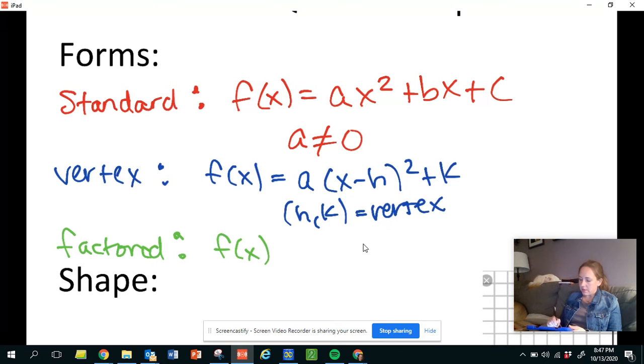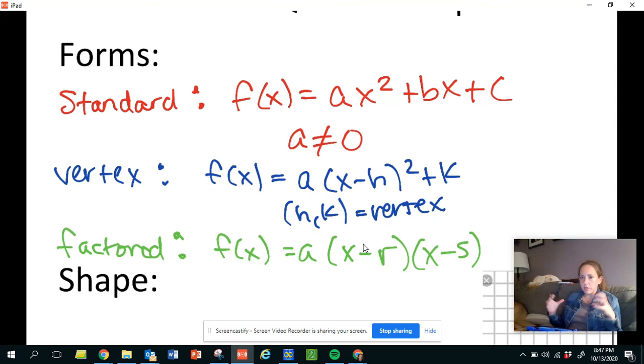So that is when you're going to have f of x equals a times x minus r, pick two letters, let's do r and s, and x minus s. So if I multiplied those factors out, I would have a quadratic, but factored form is where it's two factors.